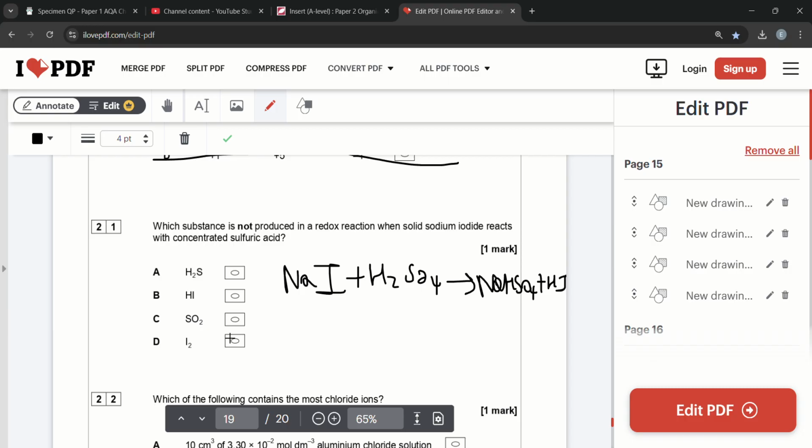We do form SO2 in the redox reaction. This is the normal bit.